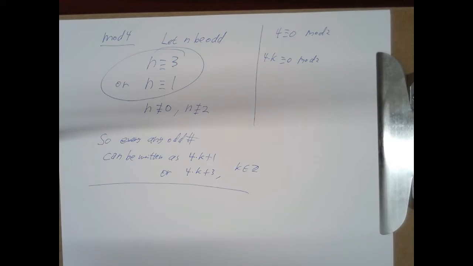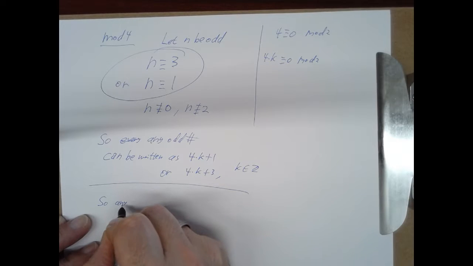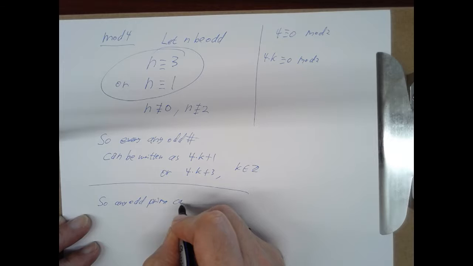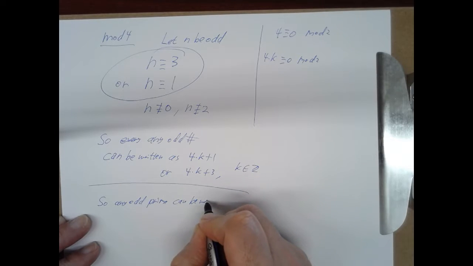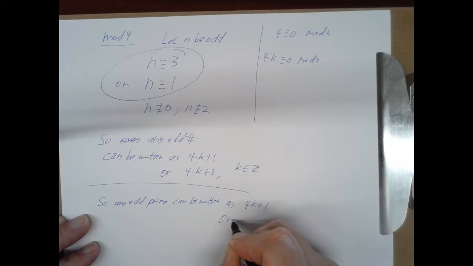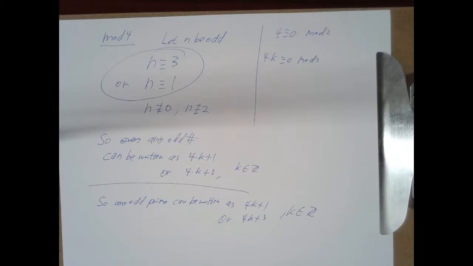Since this is true for any odd number, it's true for any odd prime in particular, because odd primes are odd numbers. So any odd prime can be written as 4k plus 1 or 4k plus 3 for some k being an integer.